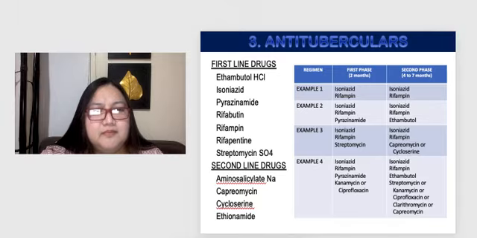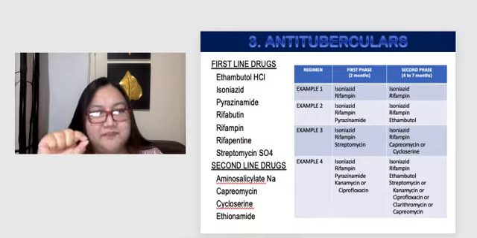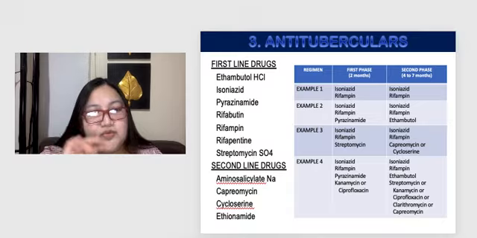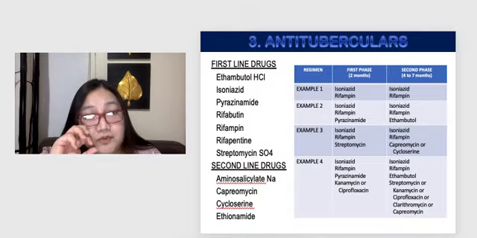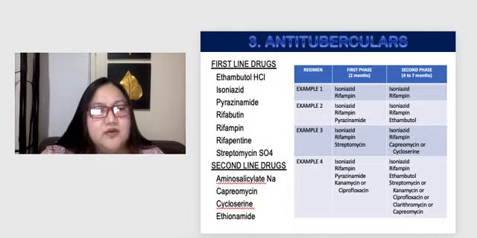Namamanhid, pwede silang parang yung may nararamdaman na karayom na maliliit, no? Na tumutusok dun sa mga kamay at paa. Okay, namamanhid or may tingling sensations, peripheral neuropathies. Rifampicin also can cause a change in the color of the urine.